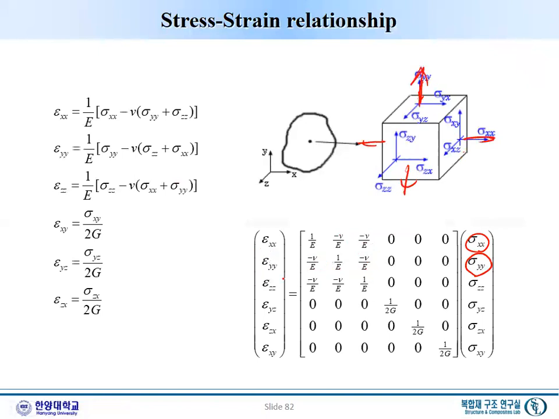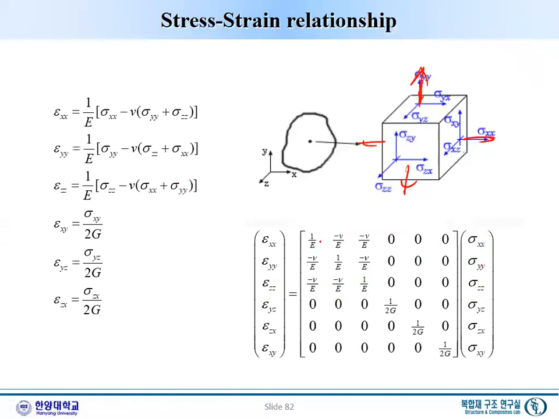And now epsilon z, exactly the same. Epsilon z is caused by what? Sigma z over E, and minus Poisson's ratio times sigma x and sigma y.